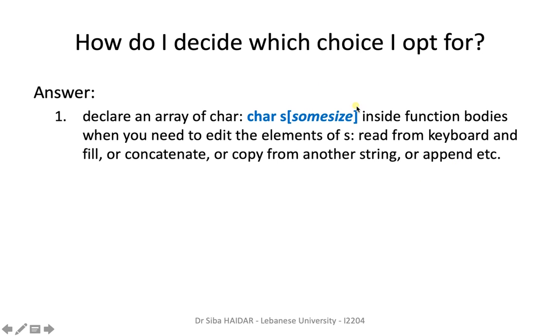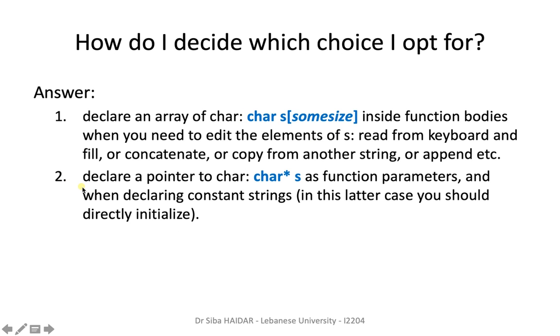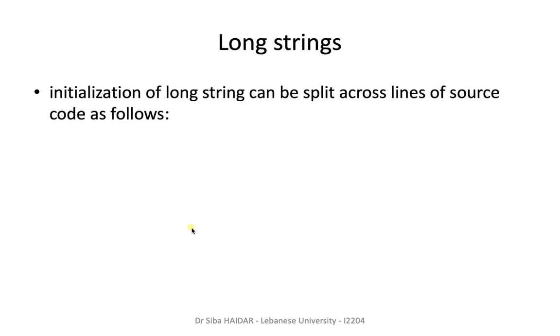If you want the elements to be alterable, declare char s of some size. In the other cases, declare a pointer to character, char star s, as function parameters and when declaring constant strings. In this latter case, you should directly initialize. So this is our advice.